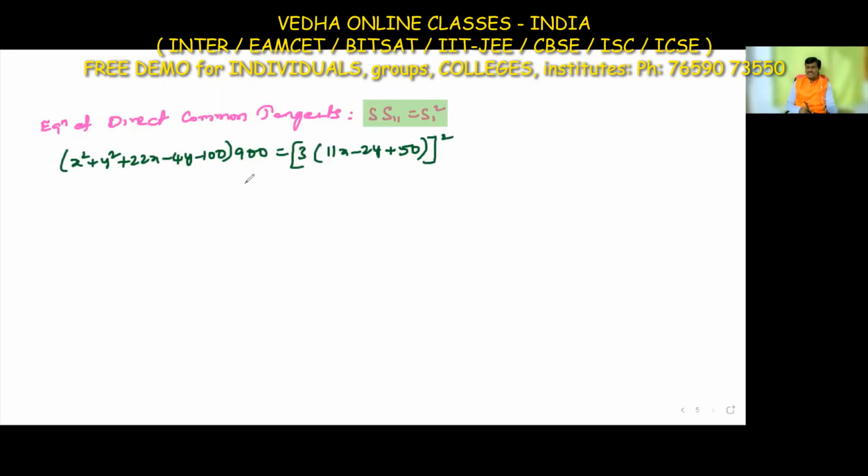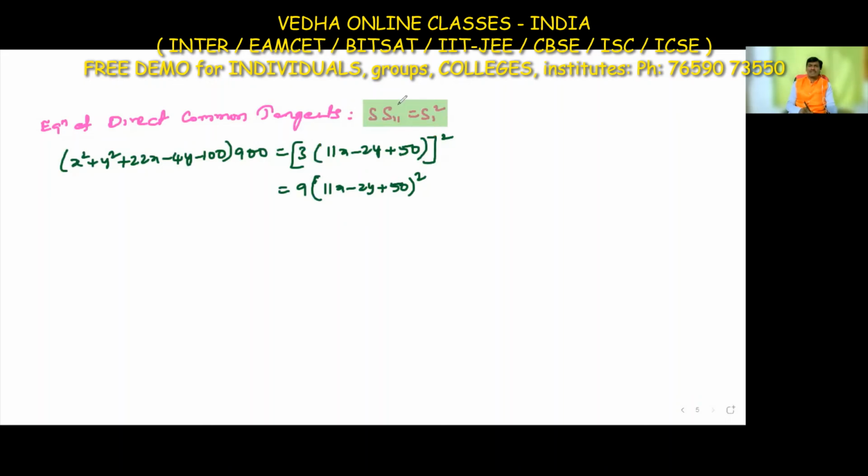So this is S1, and we want S1 square. Now if you square the right side, 3 square is 9, and 9 into 11x minus 2y plus 50 whole square. The square is applicable for both, separately. Okay, 3 square is 9 and I have written the square.